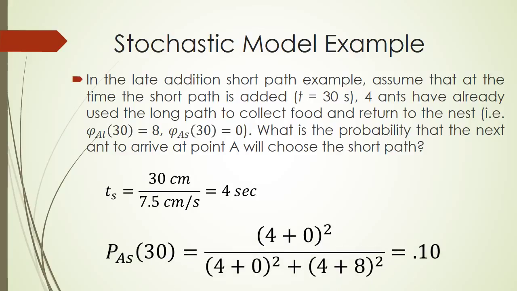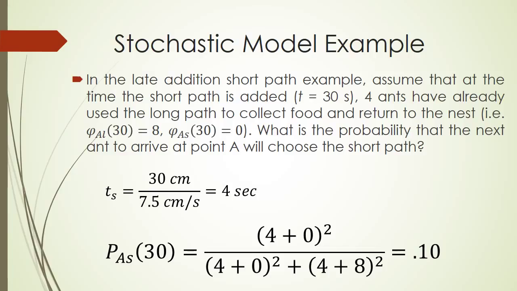So the probability that the ant at point A takes the short path at t equals 30 seconds is going to be 4 plus 0, since the short path hasn't been used, divided again by that same (4 plus 0) squared, plus 4 plus 8, which is the phi value for the long path.